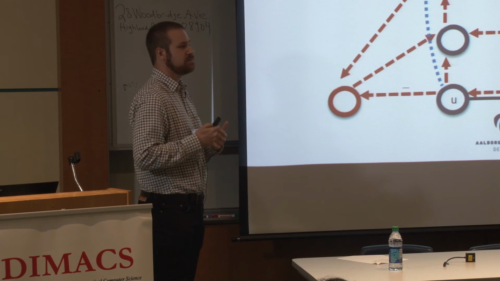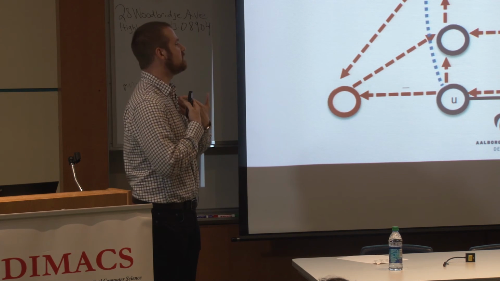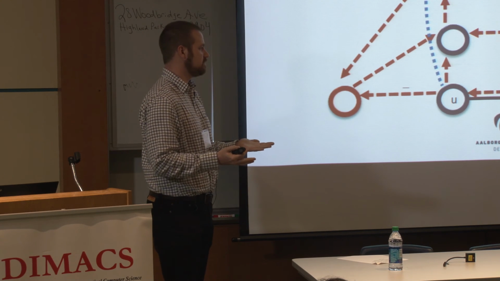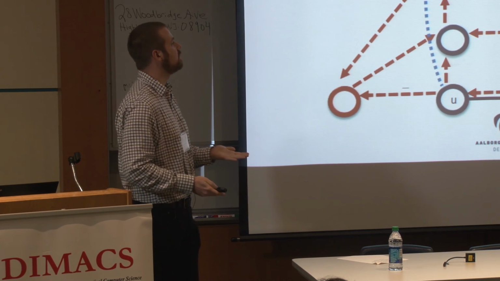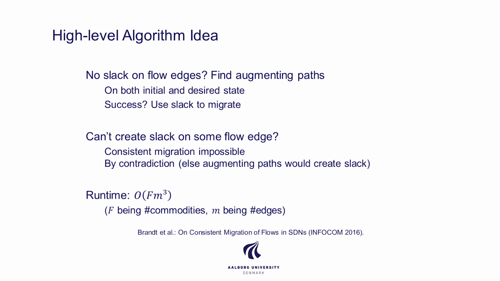Since we need free capacity, for example, to move some flow somewhere, we try to see in the final and also in the initial state, can we create free capacity on the links with this idea of augmenting flows? And if we can do that for all the flow edges in the old state and in the new state, then we can just migrate step by step and are done.